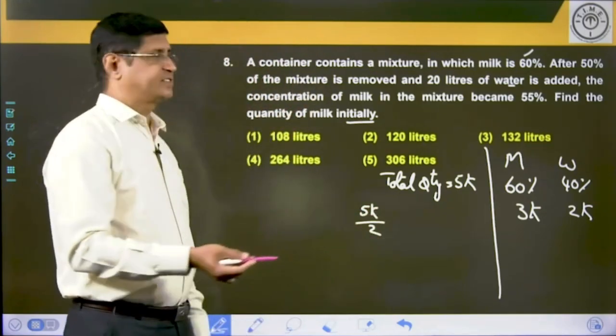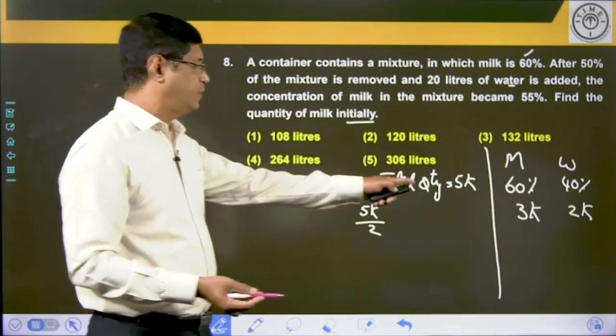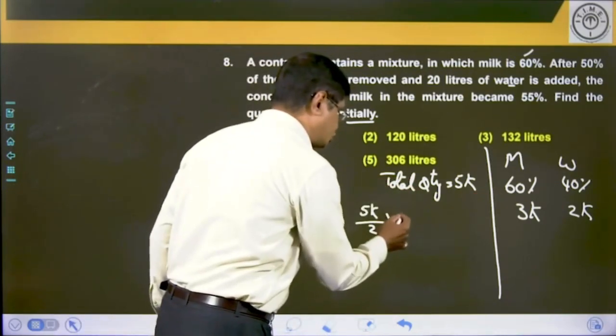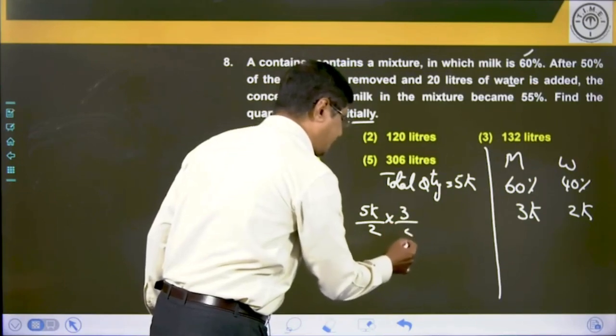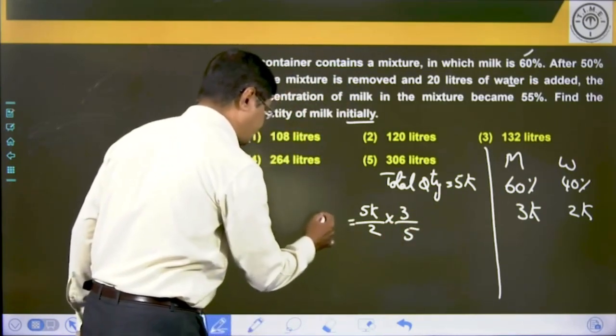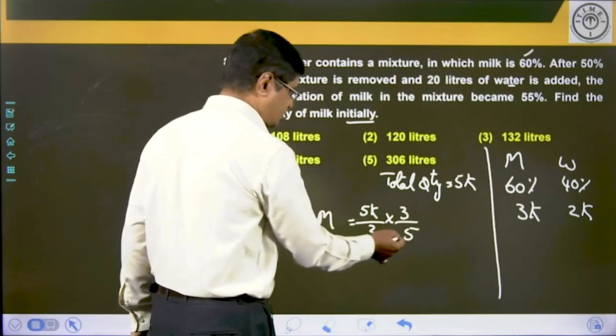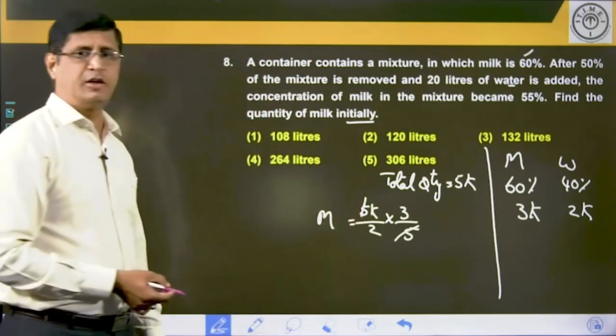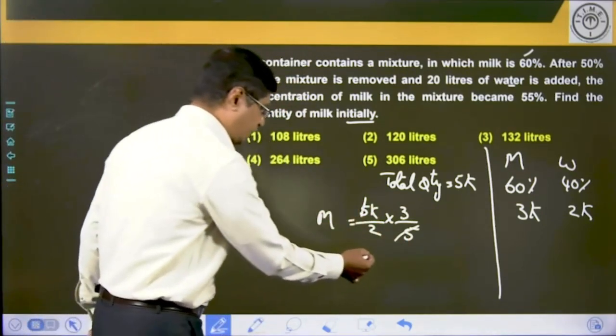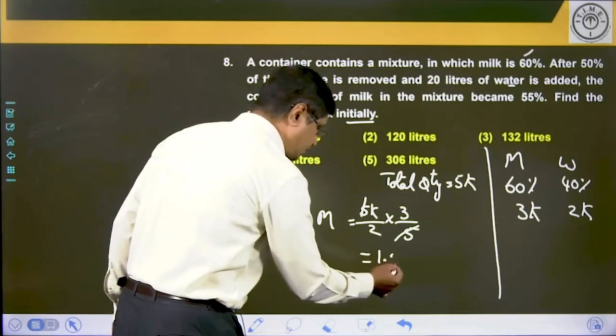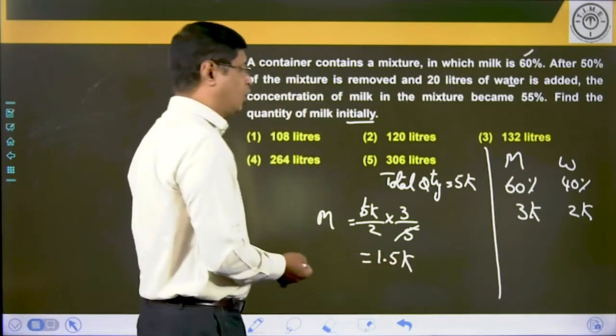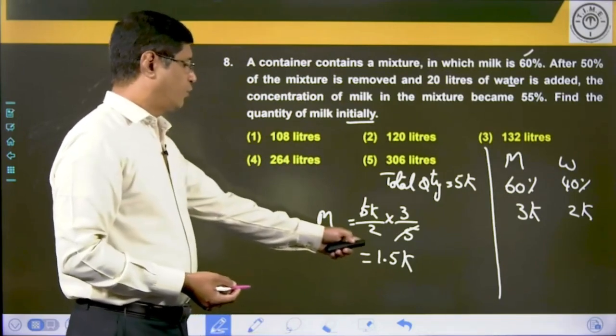When you are taking 50%, the milk and water will be in the ratio 3:2. So milk is equal to 3 by the sum of the ratios, this is the milk quantity. Now, simplification, 5 and 5 get cancelled. 3 by 2 means 1.5K.